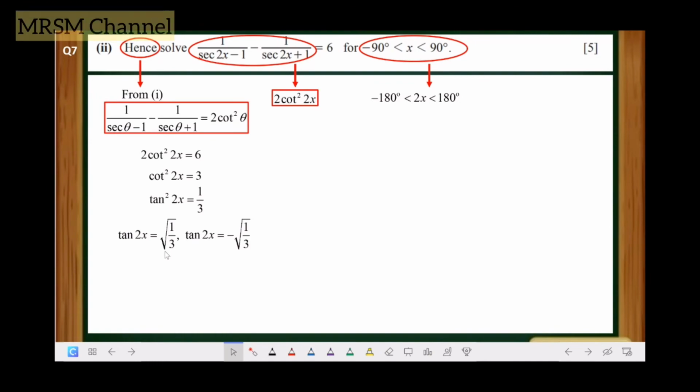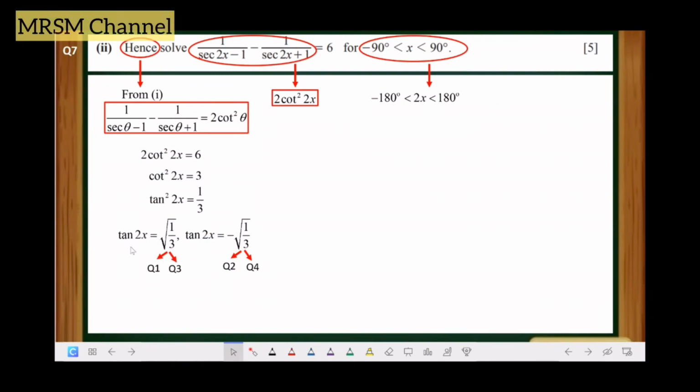So tangent positif in quadrant 1 dengan quadrant 3. Okay, so tangent 2x is negative in quadrant 2 and quadrant 4. Okay, bila kita ada semua ni, all 4 quadrants involved, maksudnya kita kena cari angle semua dalam all 4 quadrants.